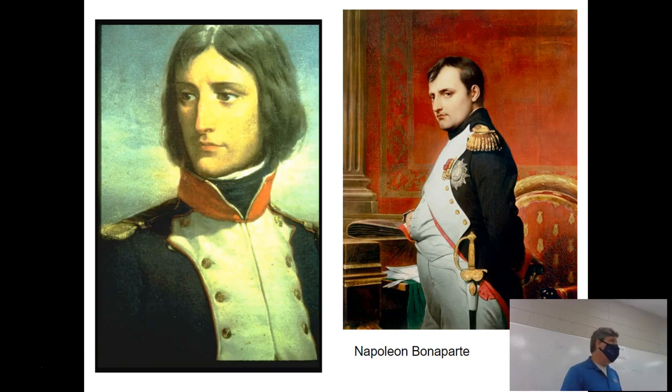As a young man in a prosperous family, he was given an excellent education, and in his teenage years, he went to school at military academies, which was very typical for the children of lesser nobility in France.